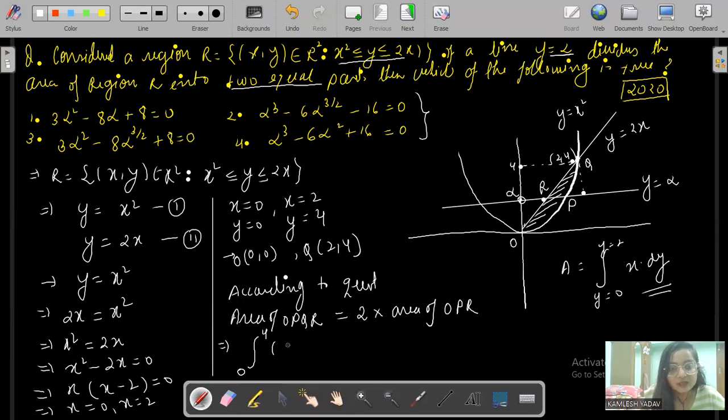So x, from equation 1, is √y, minus from the second equation y/2, into dy, and on the right side 2 times the area of the first.